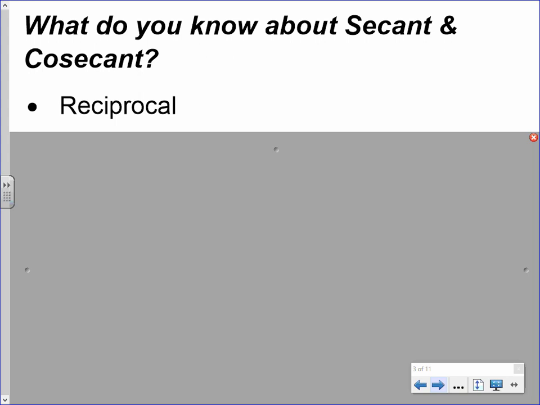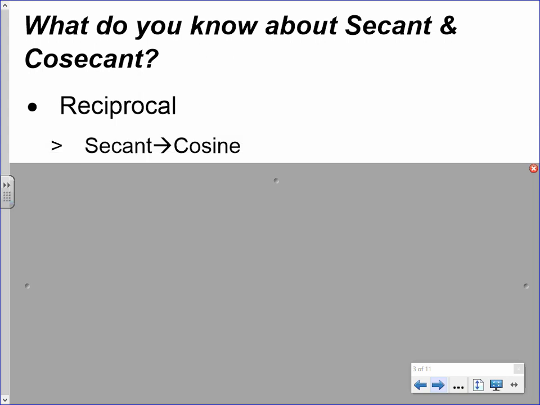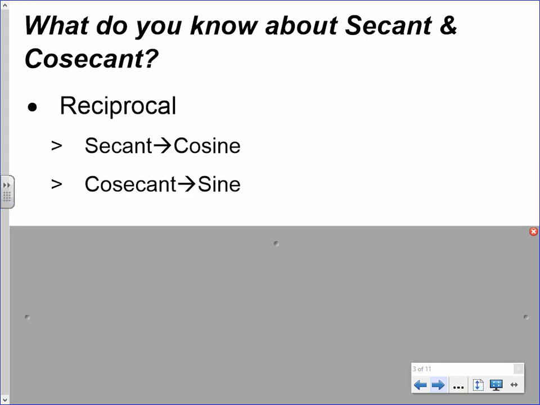Secant is the reciprocal of what? Cosine. Cosecant is the reciprocal of sine, okay? Now, in your pod, please talk to each other about what is a reciprocal.